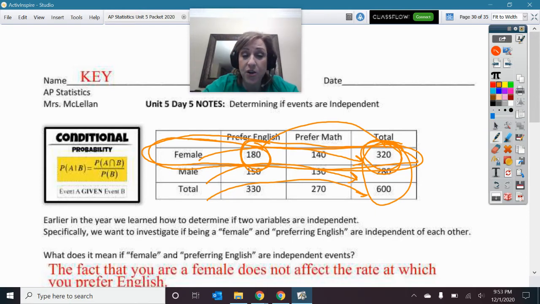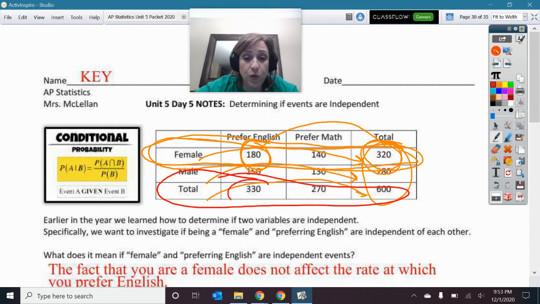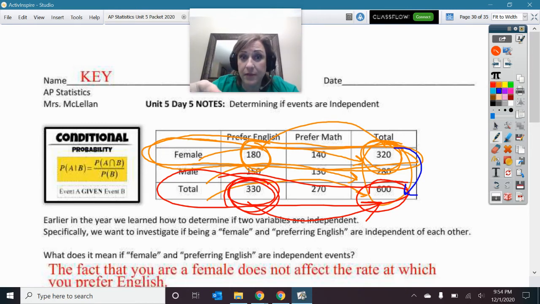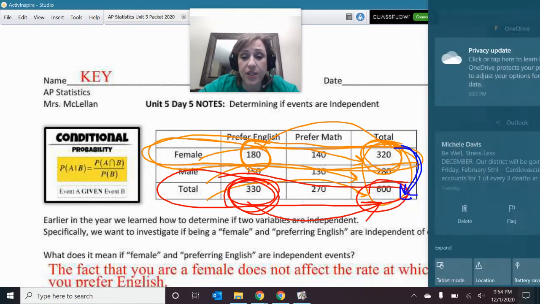And we would compare that to the marginal, the overall rate at which you did what? Was it the overall rate of preferring English, or was it the overall rate of being a female? Okay, 320 over 600 or 330 over 600. So what was the overall that we should compare it to?